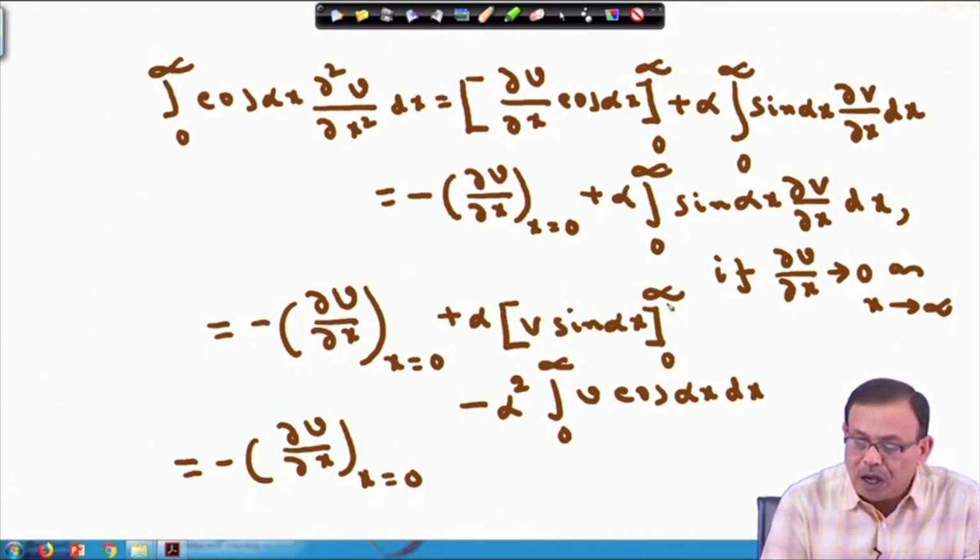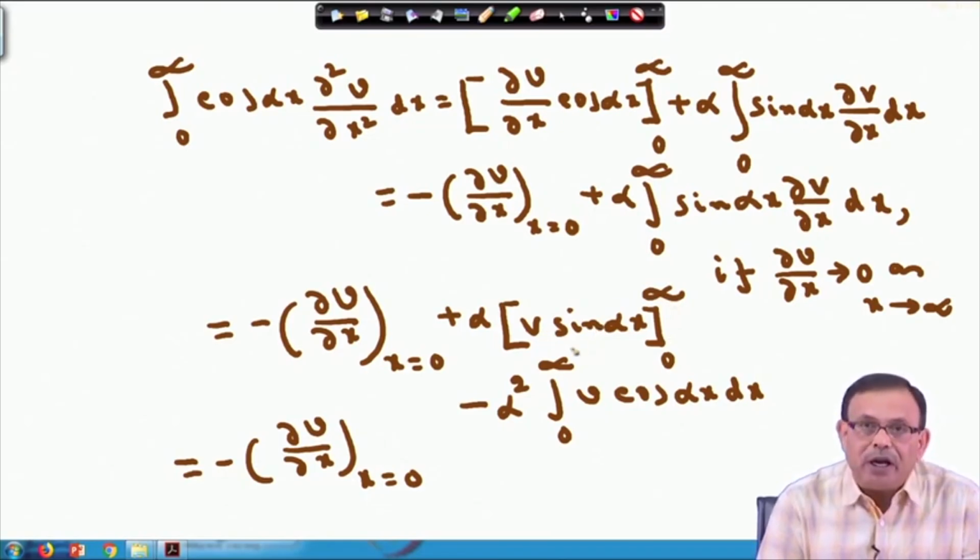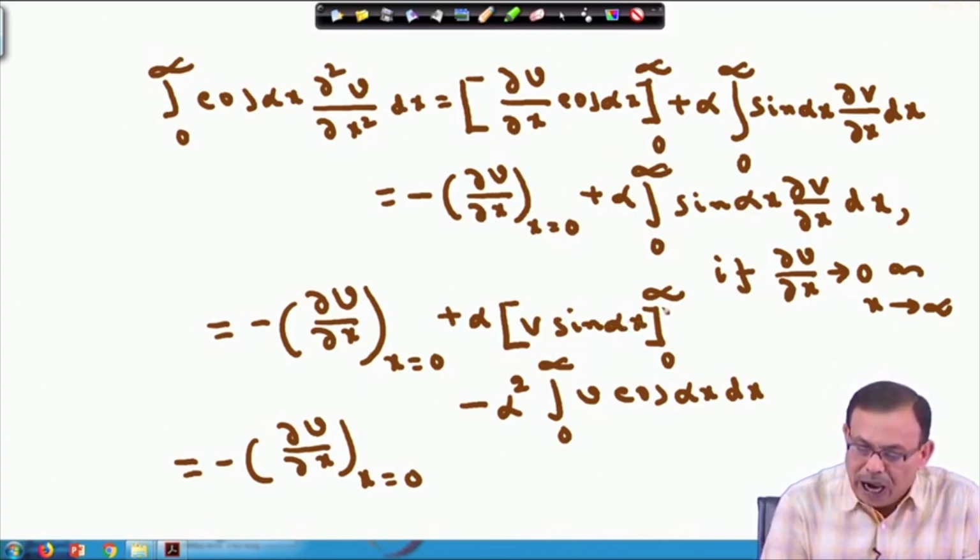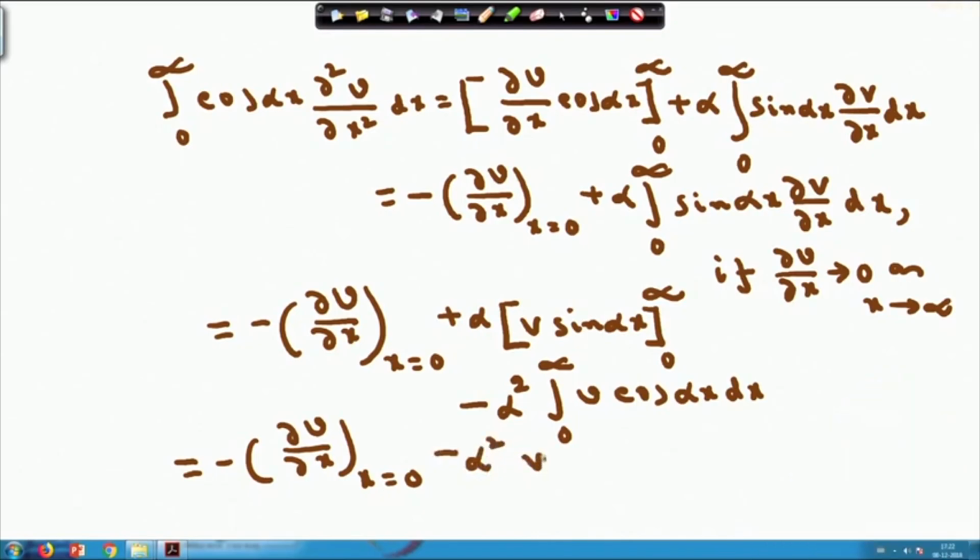But when I put the upper limit, I have to assume that v approaches 0 as x approaches infinity, then only this term will vanish. Otherwise, I do not find the value of this at x equals infinity. So, I am making the assumption that v approaches 0 whenever x approaches infinity, and this term I can write down as minus alpha square into v bar c.